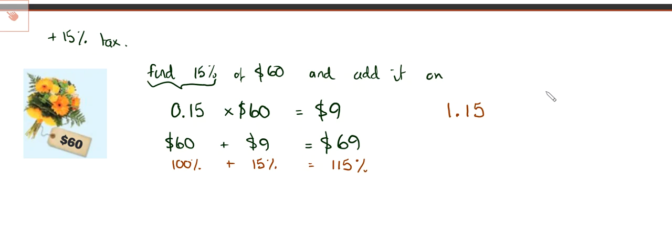You either say 1 and 15 hundredths or 1.15. Alright? But carry on, sorry. No, still doing this one. Times it by 60. And you get 69 straight away.